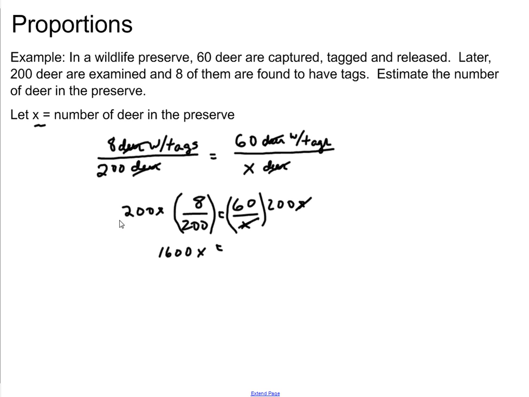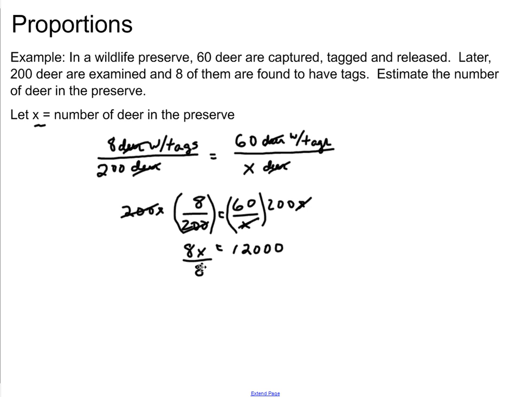Oh, what am I doing? 200 cancels out, so really we're left with 8x. Let me revise that. 8x is equal to 60 times 200. Well, 6 times 2 is 12, and there's 3 zeros, so 12,000.